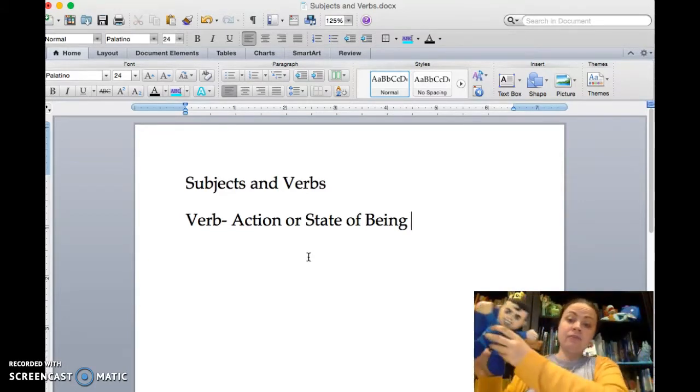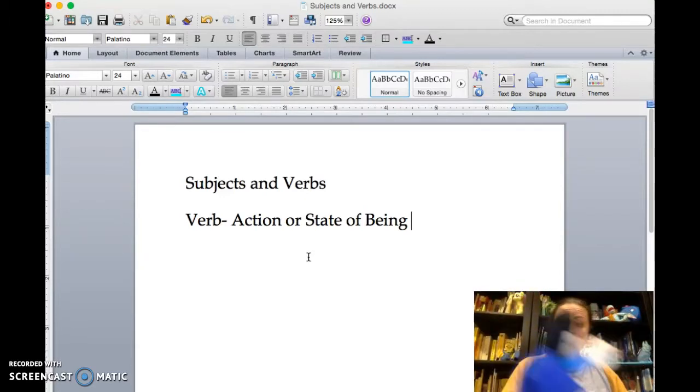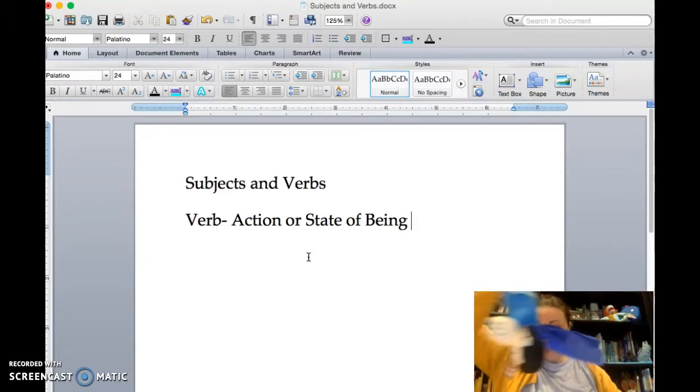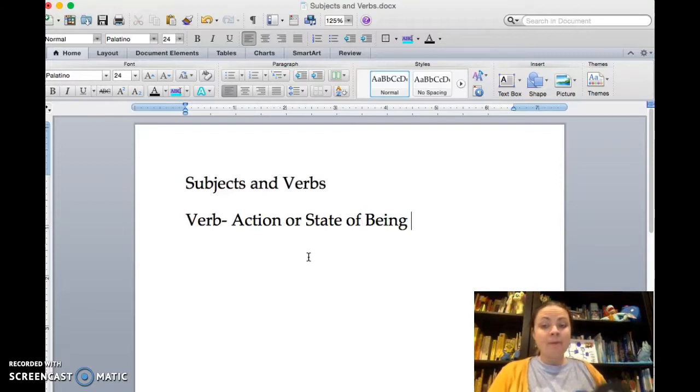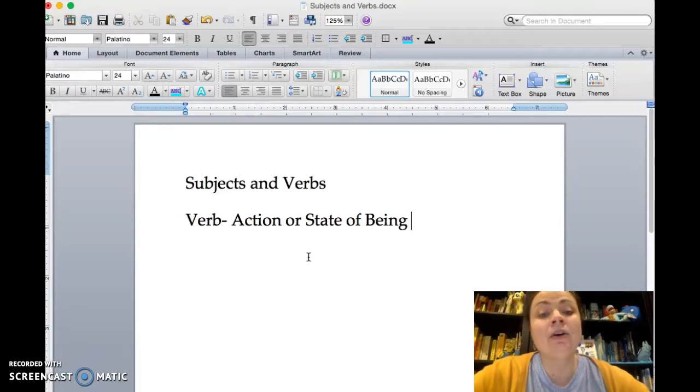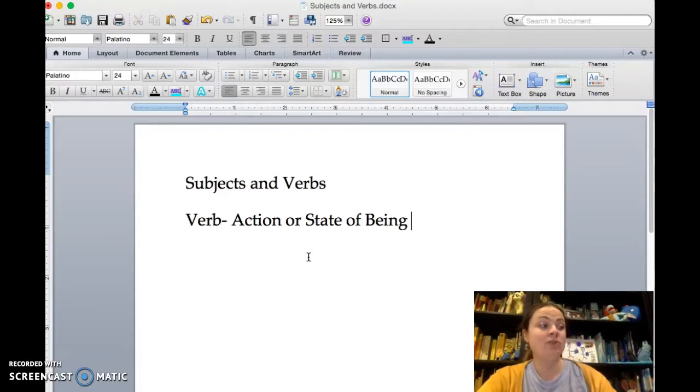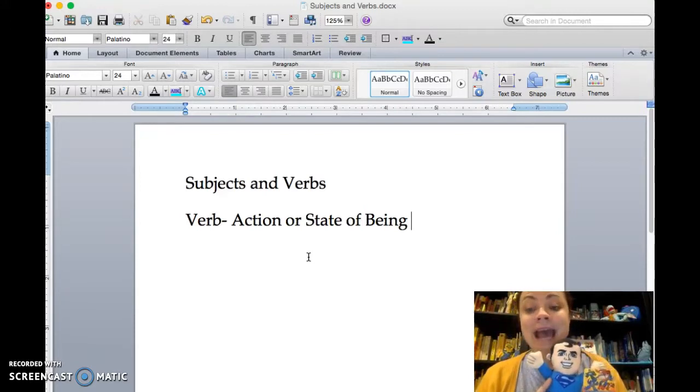Superman flies. Superman crashes. Those are some verbs associated with Superman, but a verb can also be a state of being. Superman is standing in front of Elizabeth, or Superman is happy. Superman is always happy. So a verb is an action or a state of being.